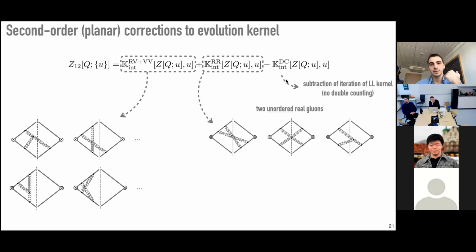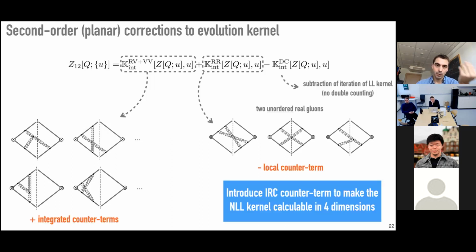Now, once again, these computations are done in dimensional regularization because there are divergences all over the place, and they only cancel at the level of the whole combination on the right-hand side. But what we want is also to write this in a way that we can take the limit for the dimensions manifestly in the right-hand side at the integrand level, so that we can implement the solution to this equation in a computer program numerically. To do that, we perform another subtraction: we introduce a counterterm built on the kinematics of the 2 real gluons, such that when you subtract that from these last 2 terms, the final combination is completely finite.